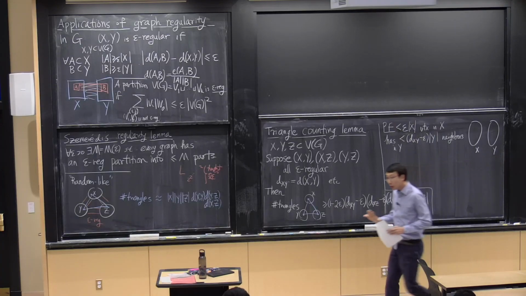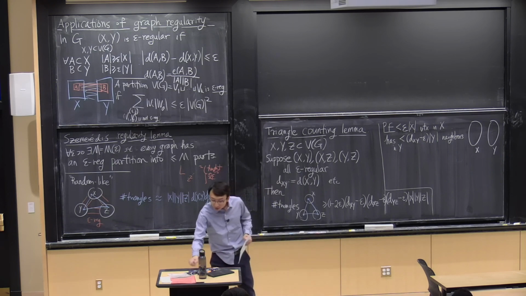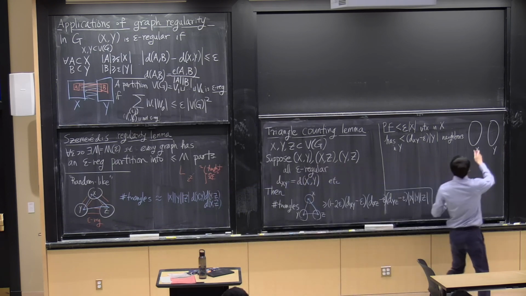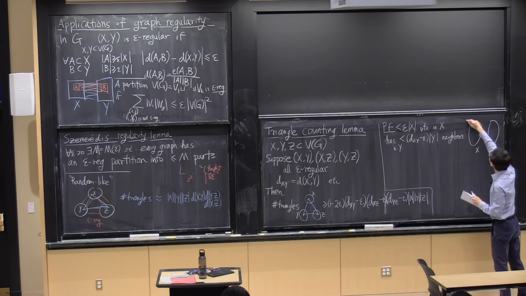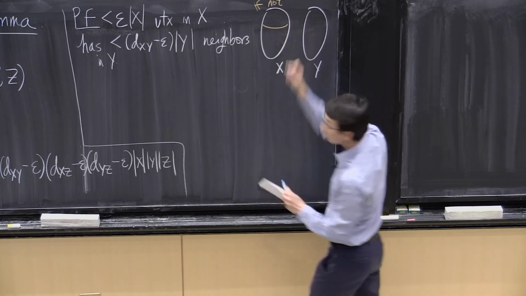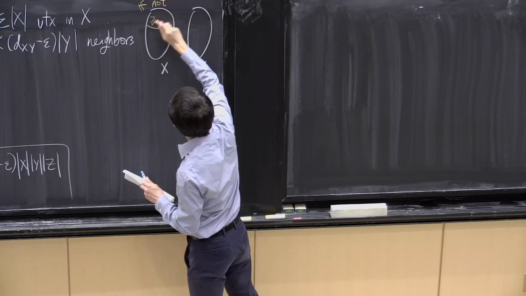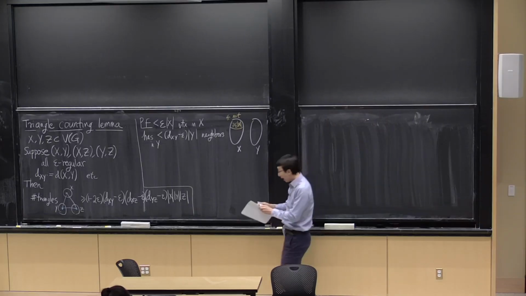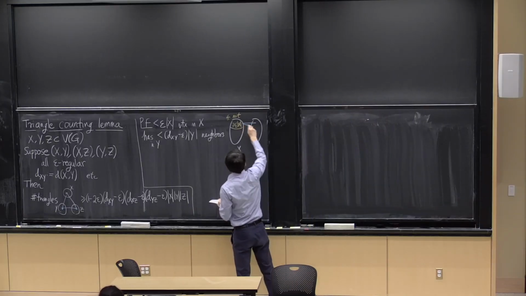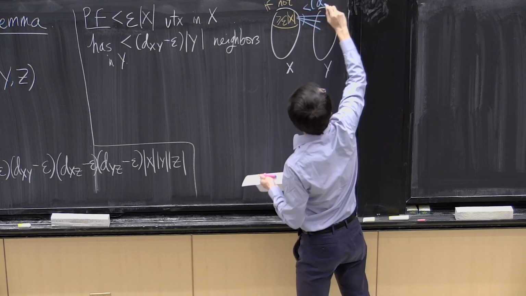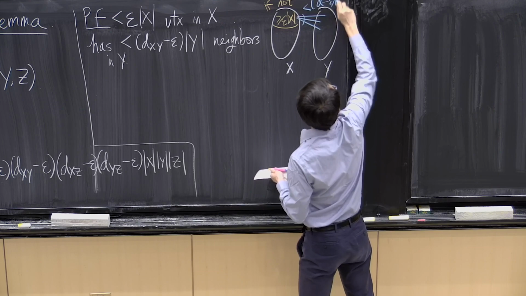Because if this were not the case, then you could violate the condition of epsilon regularity. If not, then let's look at this subset, which has size at least epsilon times x, and all of them have fewer than that number of neighbors in y.